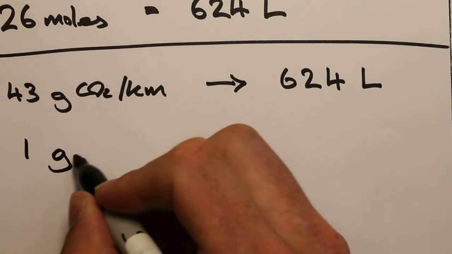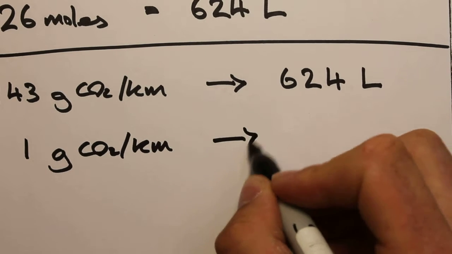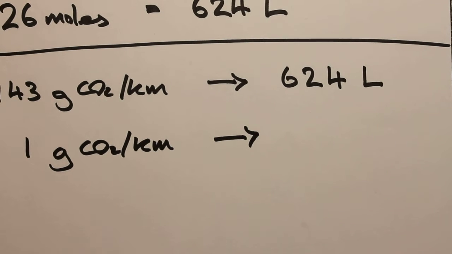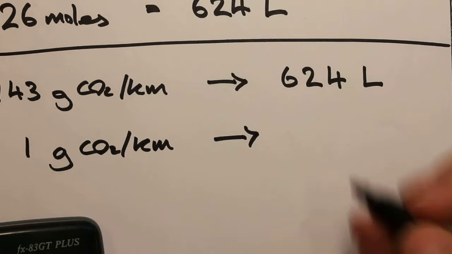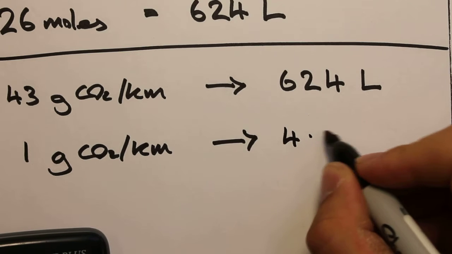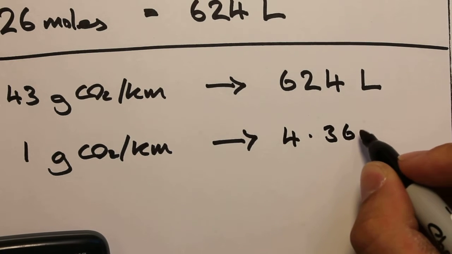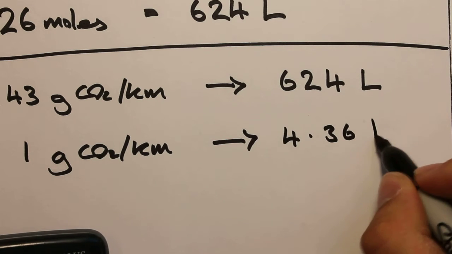So 1 gram of CO2 per kilometre is going to equal 624 divided by 143, and that gives us 4.36 litres.